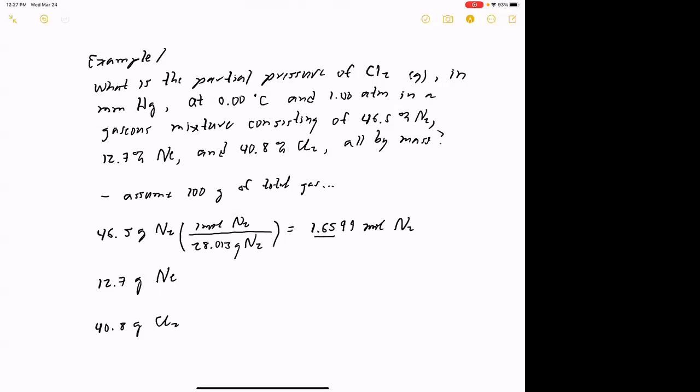We know that's good to 3 sig figs, so I'll underline those. Do the same for neon. You know that 1 mole of neon gas has a mass of 20.1797 grams of neon. And if you work that out, that's 0.6293.